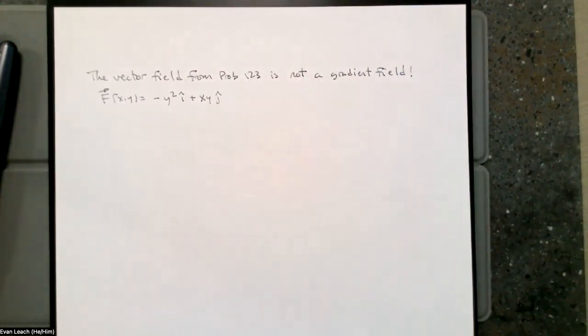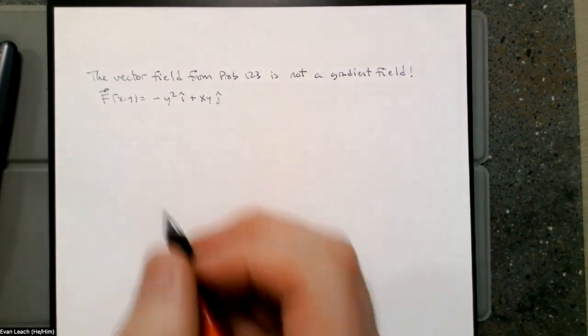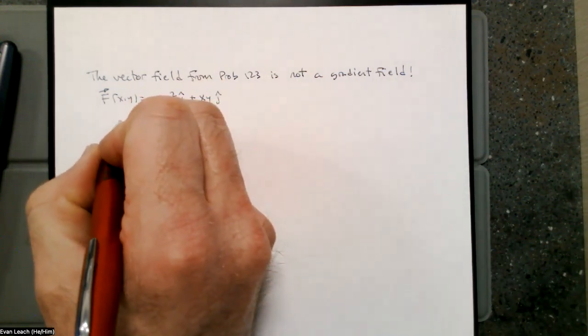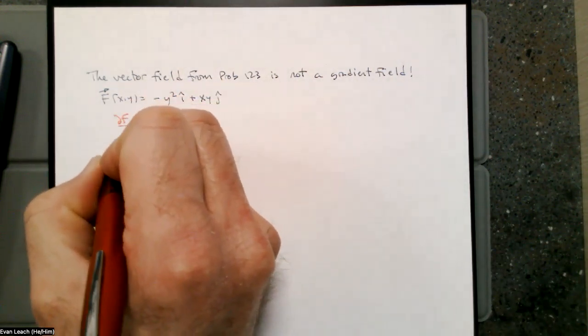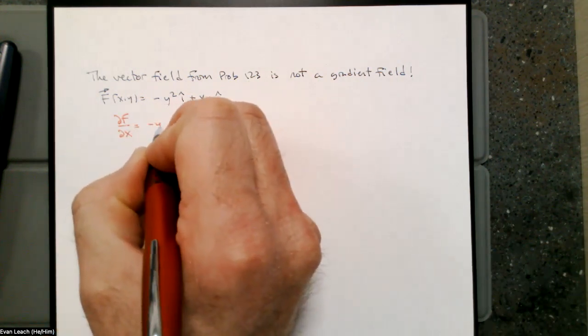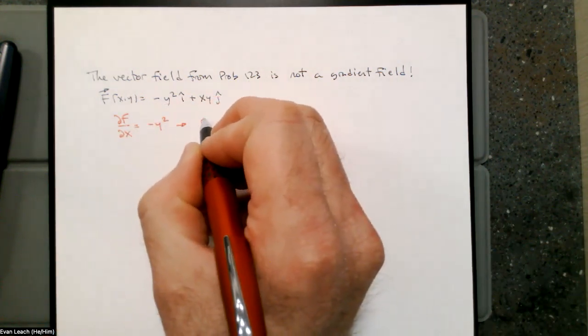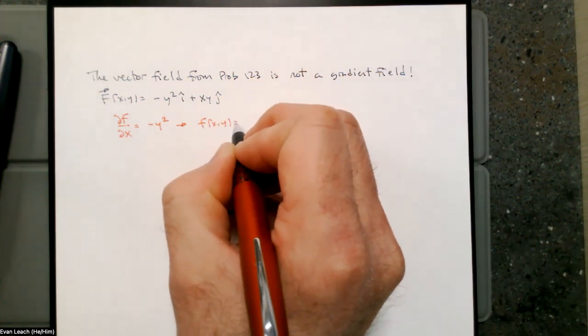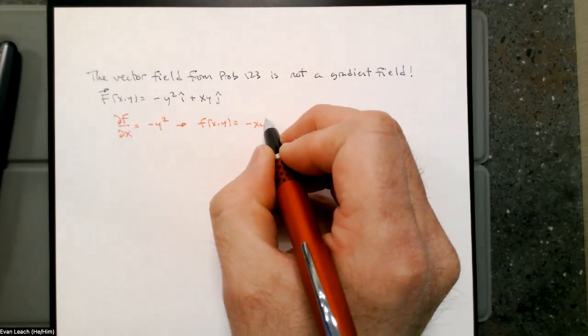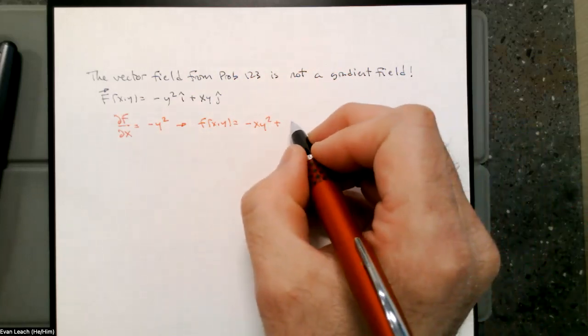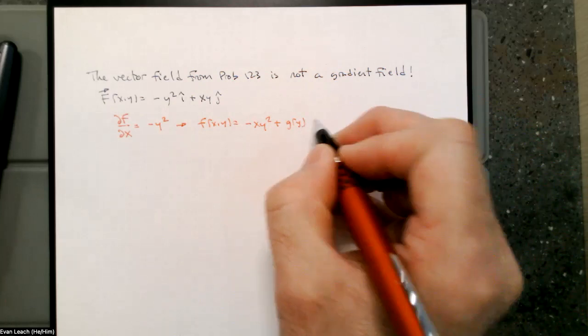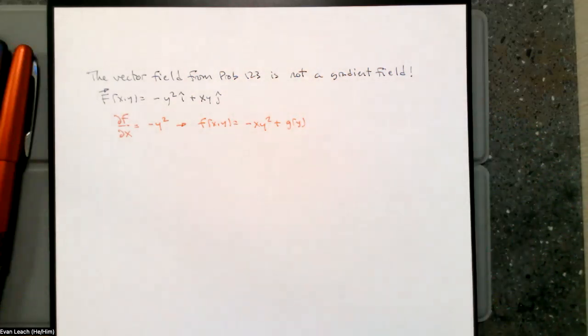We could check this by just messing around with it. We don't have any fancy tools for this. But if the partial of f with respect to x is minus y squared, so this says that the partial of some vector field with respect to x is minus y squared, that says that f should be minus x y squared plus some function of y only.